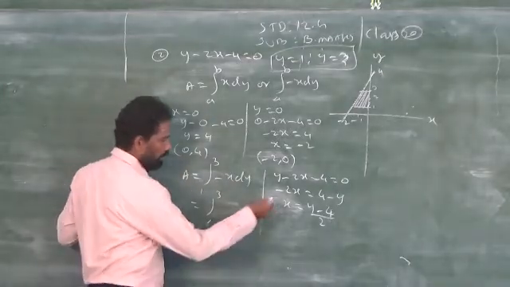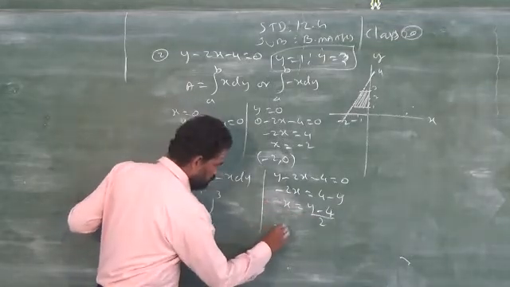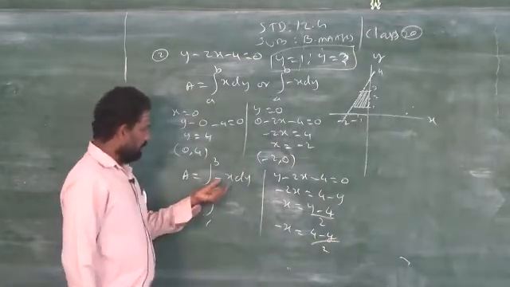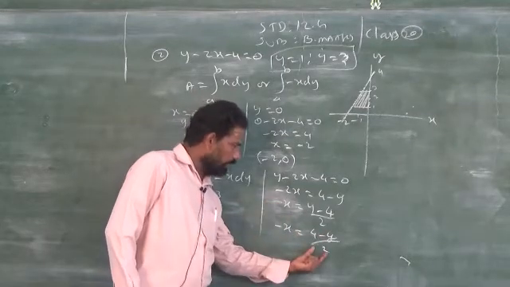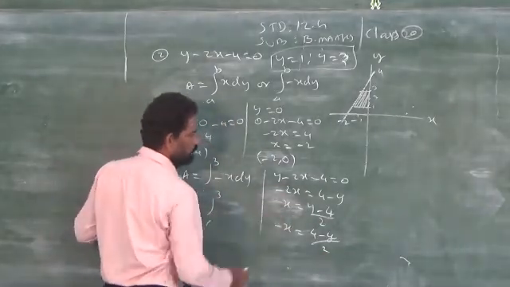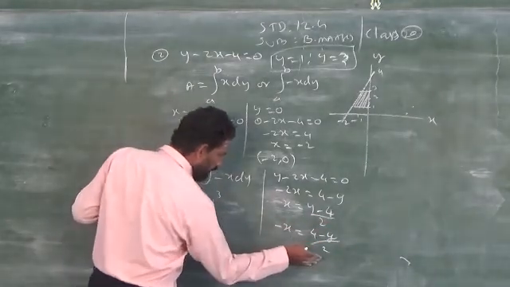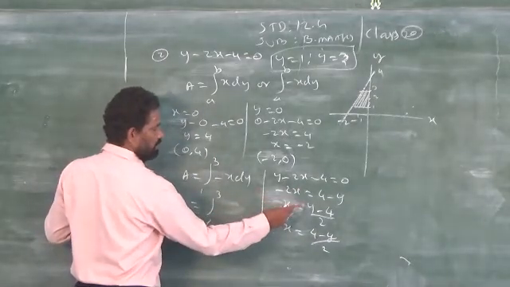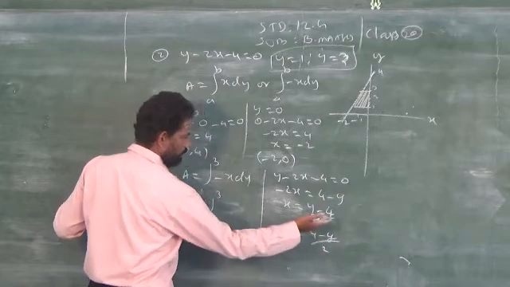Clear? Or you can keep negatives as it is. Either way you find x, but I need minus x. So minus x is equal to 4 minus y by 2. You can keep the minus x as it is and bring the 2 to the right side, it becomes the divisor, and you can straight away write it.